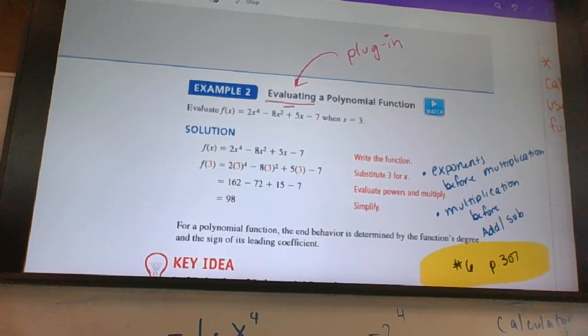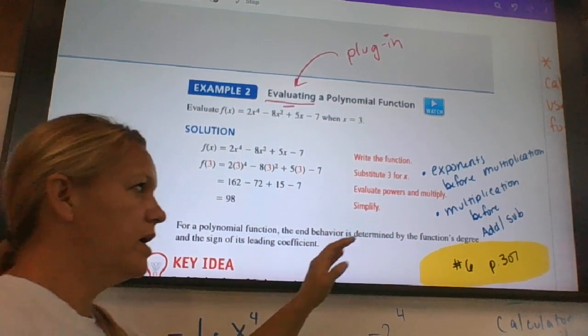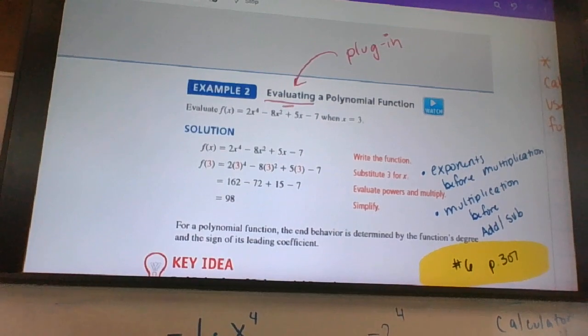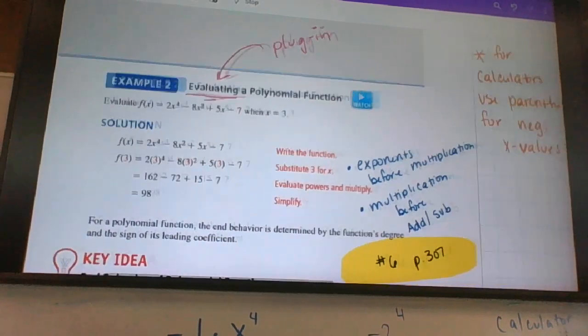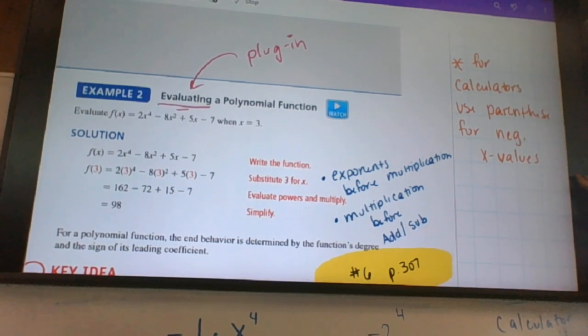There's like a GEMDAS order of operations issue. So remember, exponents before multiplication, multiplication before addition and subtraction. And I said this last class, but nobody listened. They all got the wrong answer. Make sure for calculators you use parentheses for negative x values. Okay?